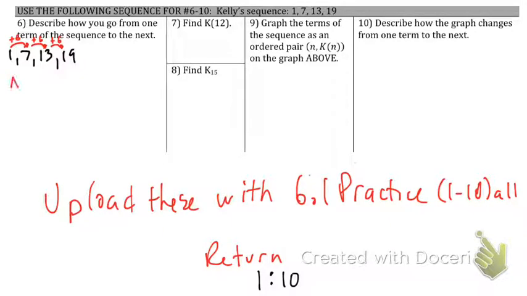So how do we do it? We add 6. Okay. Number 7, we're going to find K12.